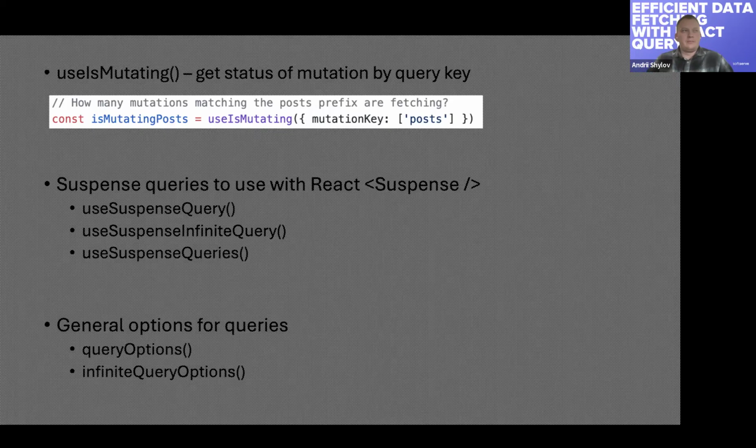Also, there are some hooks to work with suspense. It is actually the same, so you can read it in the documentation in more detail. It's the same as general hooks, like use query, use queries. But there are some differences in status, because it will always be success, since it is handled by the Suspense component from React, and the same with the error boundaries component.